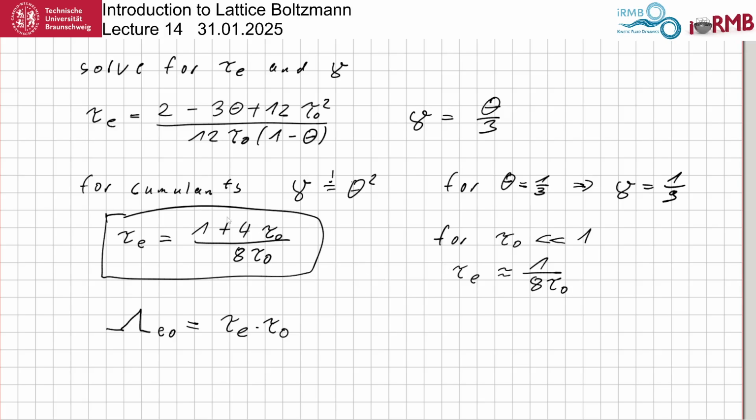Not exactly, because they didn't do the analysis to this degree of precision, but almost. So then you could say that this here would be 1/8. And so if you choose this magic parameter to be 1/8, then you get something that you could say is almost first order accurate.